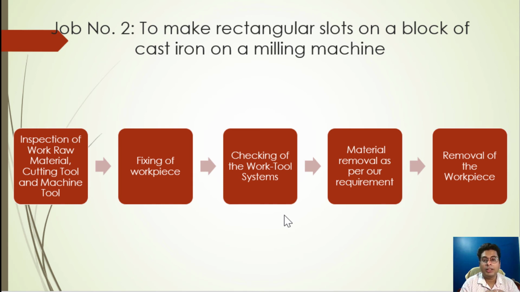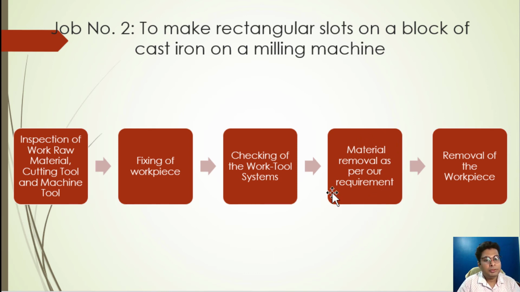Then it becomes very cumbersome to unload or remove the workpiece. Rather, it becomes very inconvenient, as well as a potentially dangerous thing for the operators who are performing the metal cutting operation.